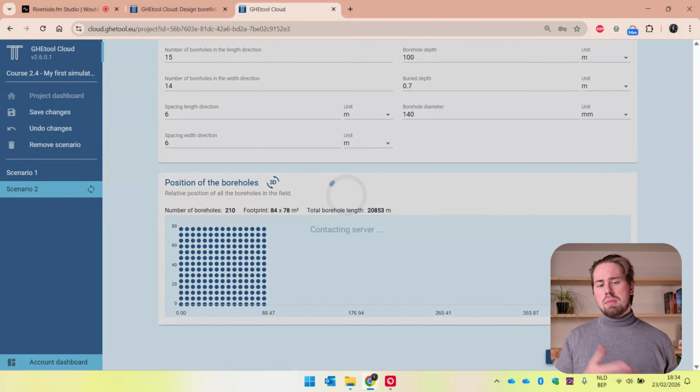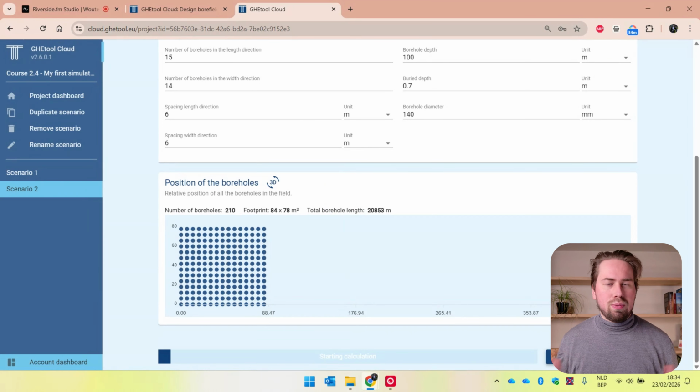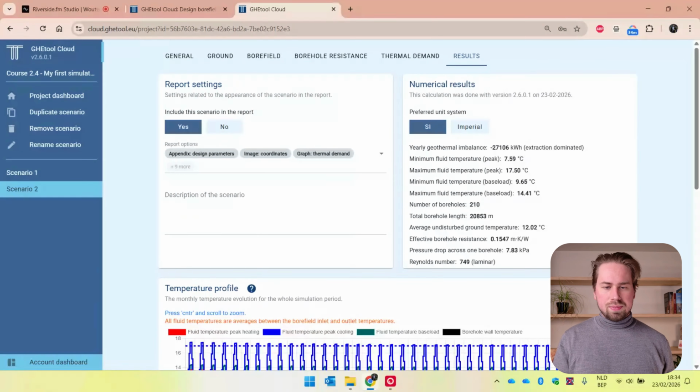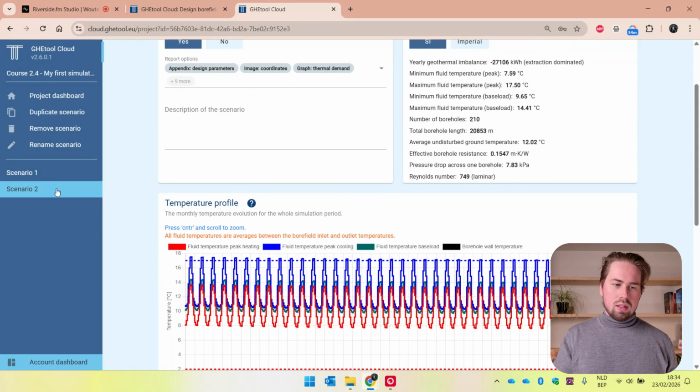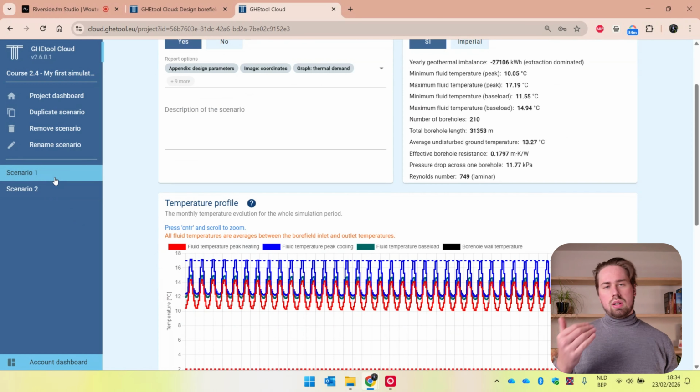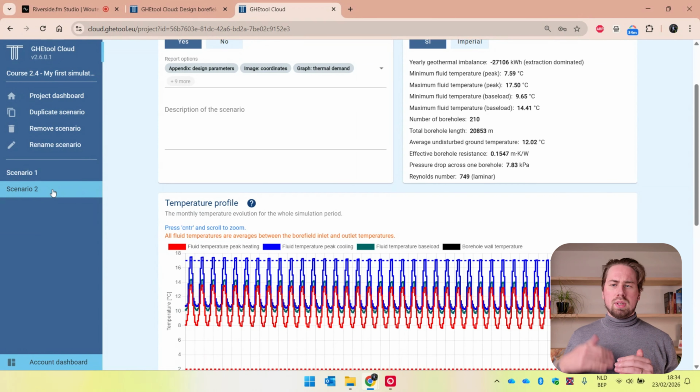Now, if we simulate this again, we will find out that our borefield is too small because we cut away 30%. But strangely, perhaps, you see our temperatures are now not 17.19 maximum, minimum is still fine, but 17.5, which is, in my opinion, already a little bit too far above 17 in this case.